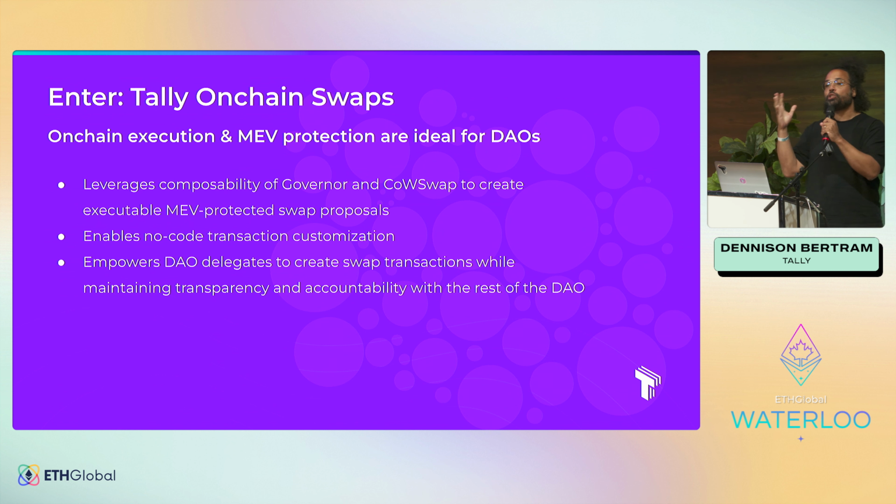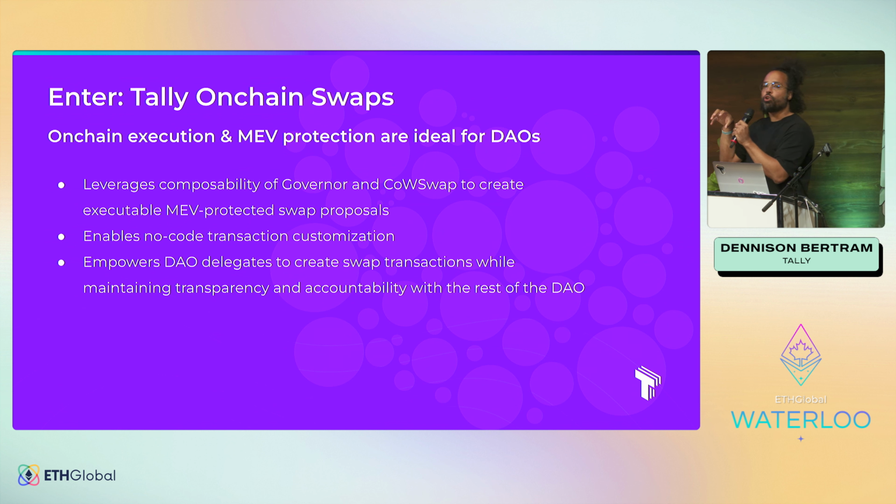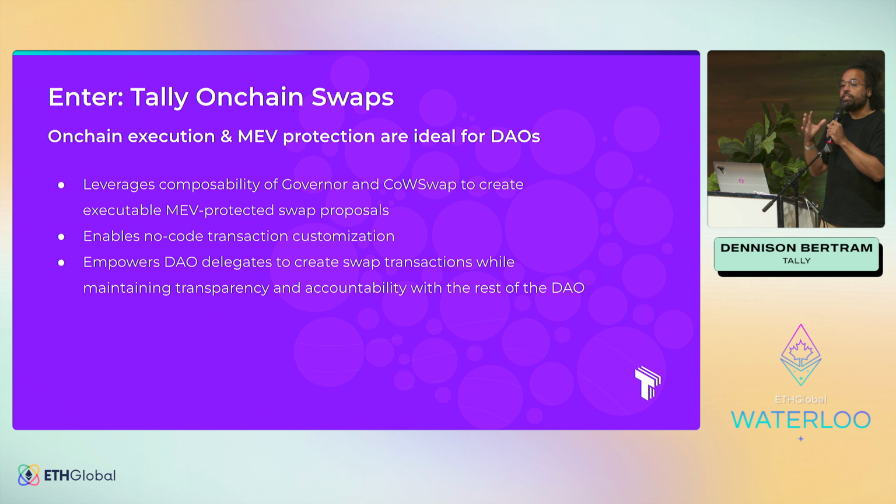Milkman allows other smart contracts, like the Governor on-chain DAOs, to interact with it and create orders that are then filled by the CowSwap network, right? This leverages the composability of Governor, because Governor can interact with many other different things and allows you to do these on-chain MEV protected swaps.